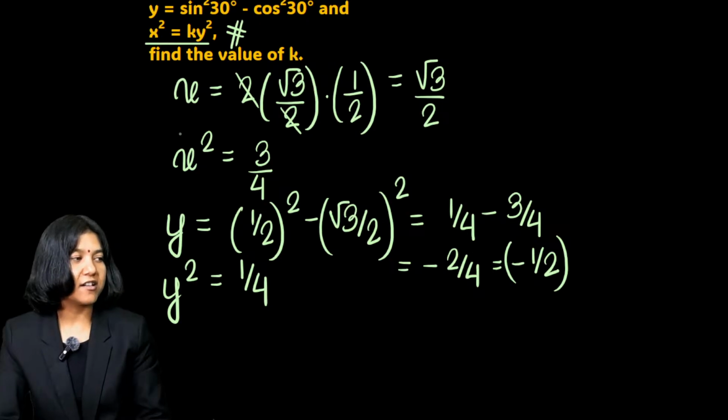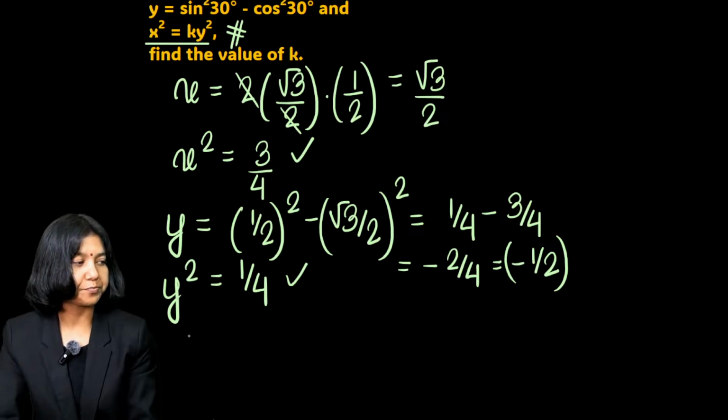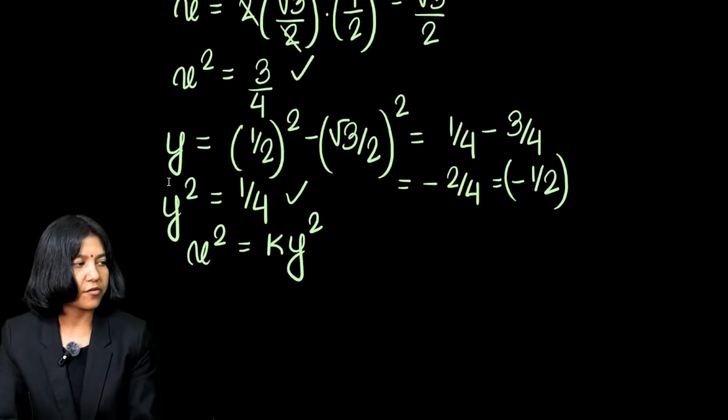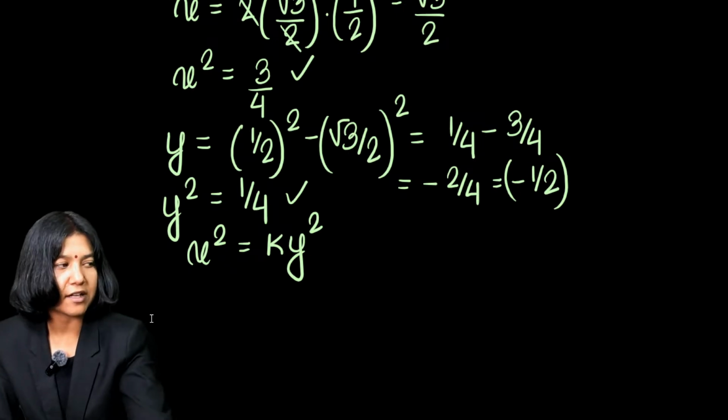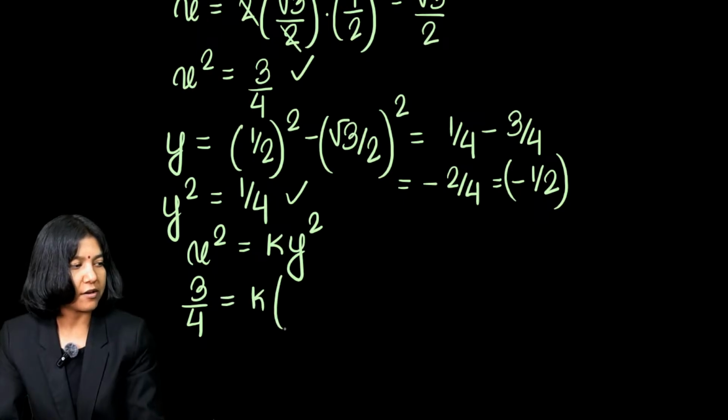You can clearly see x squared is 3/4 and y squared is 1/4. So if I have to write it down, then I'll write x squared equals k times y squared. I'll plug in the values of x squared and y squared that I got, which will give me 3/4 should be equal to k times 1/4.